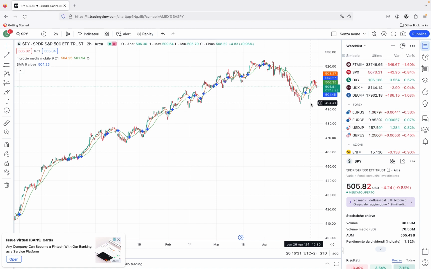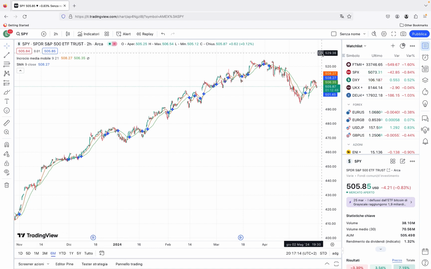Okay, so for example, this is the chart, the SPY chart, the ETF. Let's make an example. So we buy a call, today's price is $506, kinda, and we are going to decide to buy a call 530, for example, with expiration date a couple of months, 60 days.